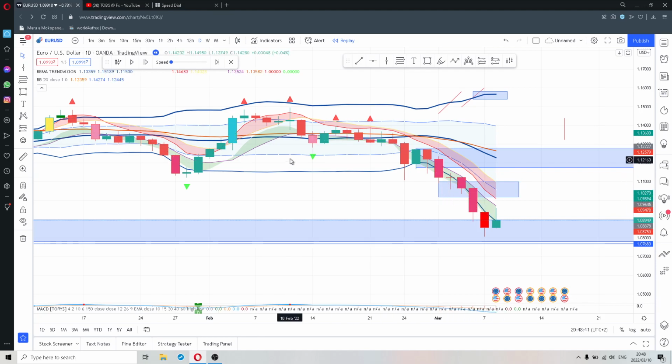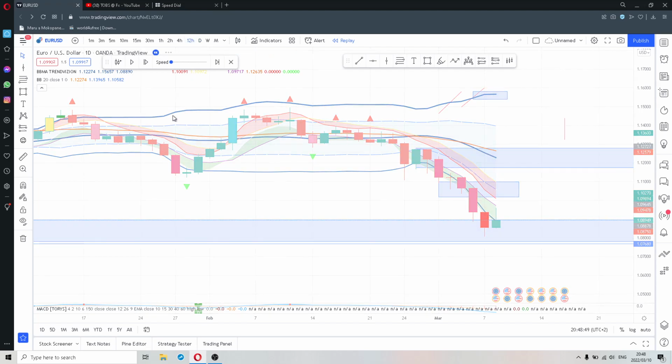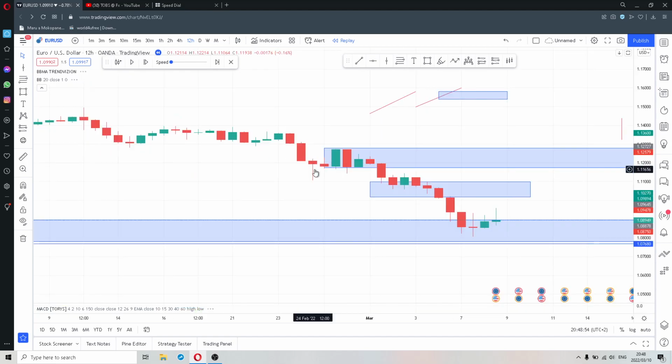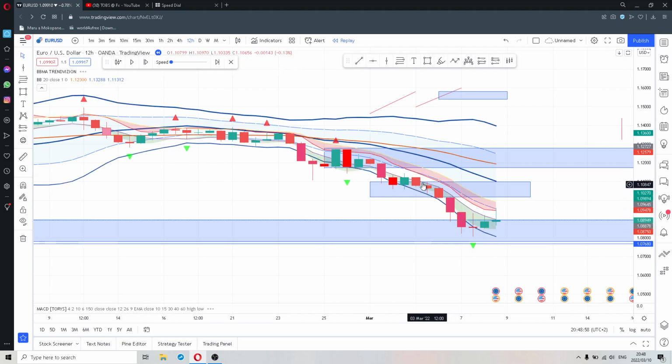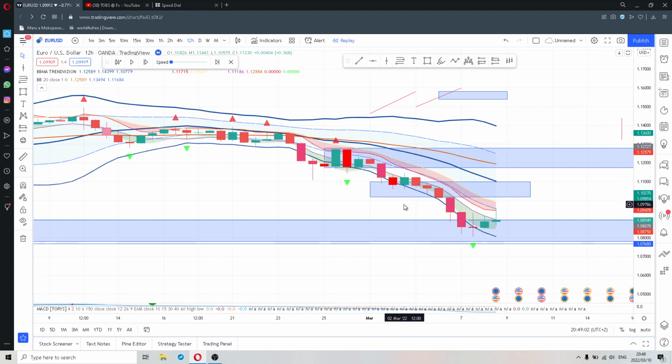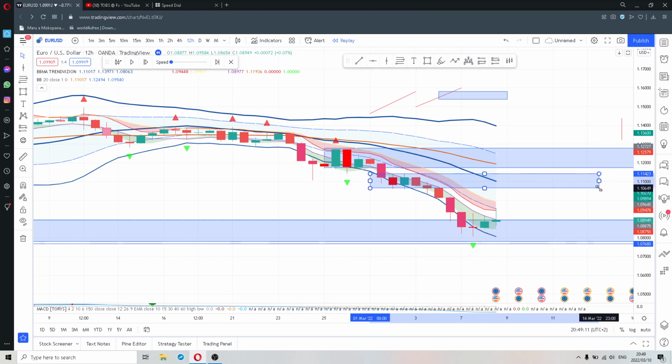So let's go and check on a lower time frame. If we are on daily, let's check on 12 hour if we have a zone there. No, my network is very slow. As you can see, guys, when you look inside that zone, we are having a base there.